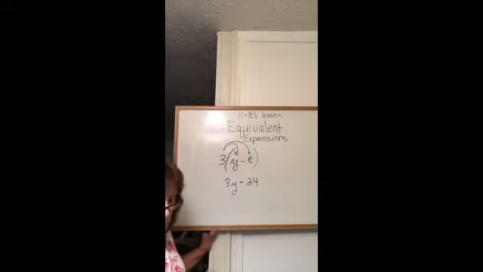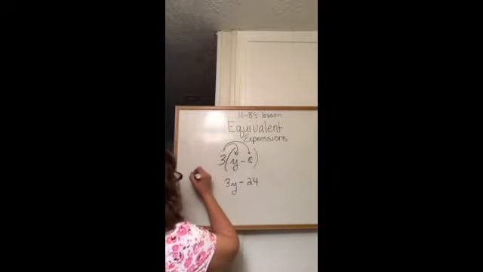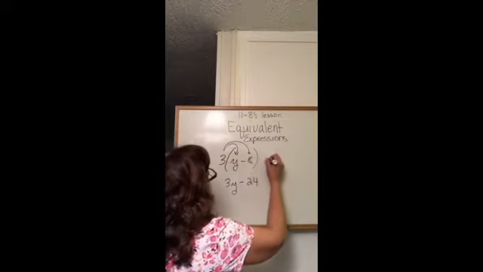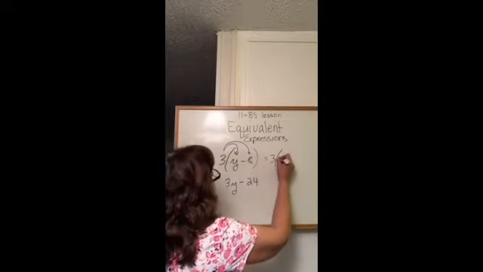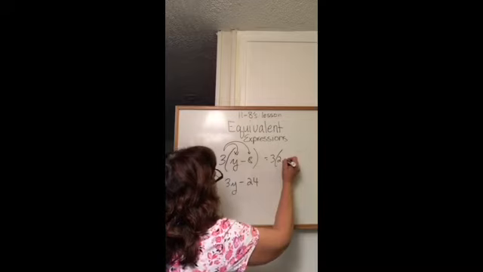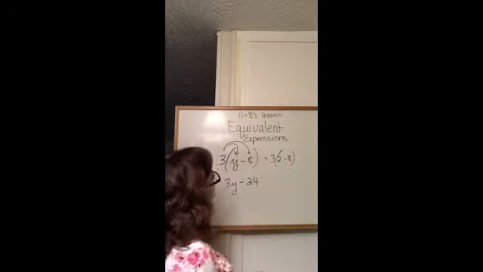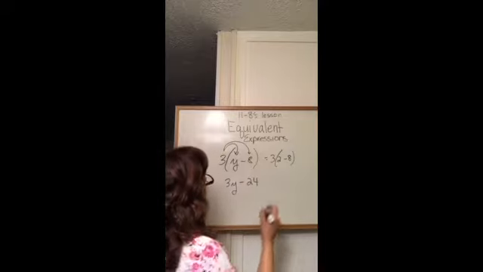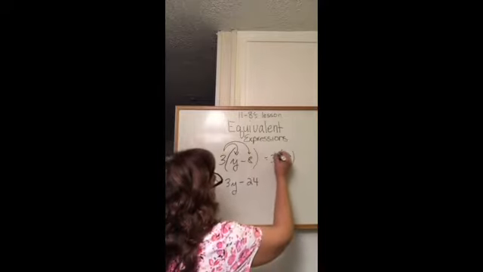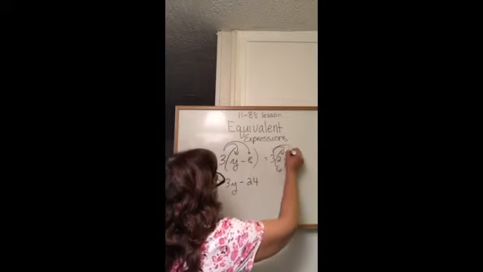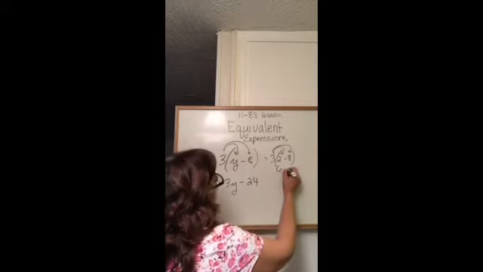How do you know? Let's plug in something for y. Let's say y equals 2. So over here we're going to have 3 times 2 minus 8. Oh, I don't like these numbers, but that's okay. 3 times 2 is 6. 3 times 8 is 24.